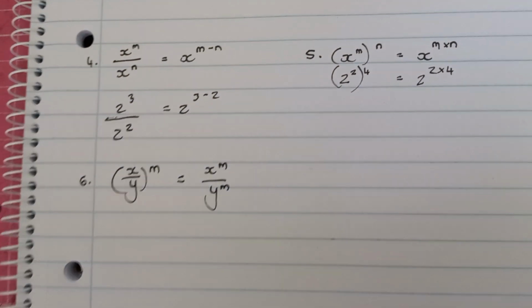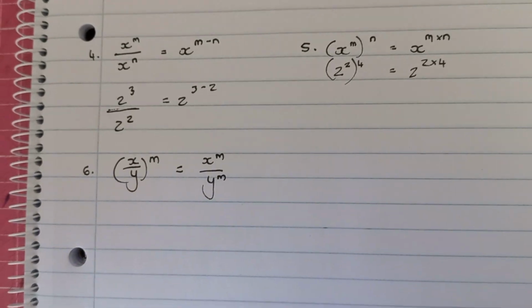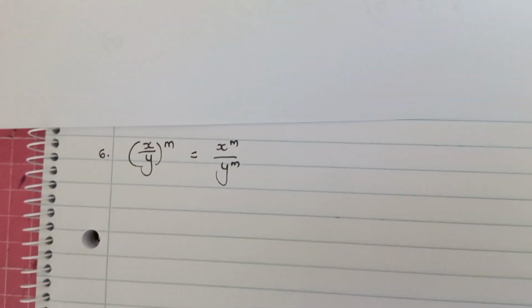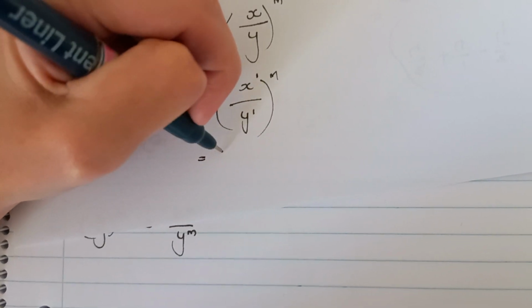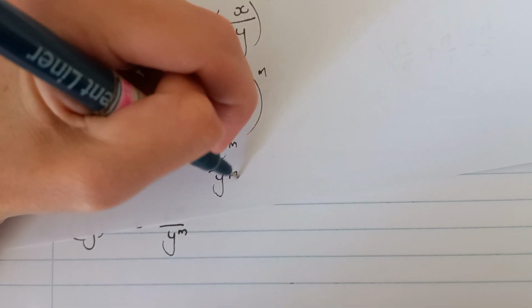Okay, the reason why is because if you had to work that out as a fraction, x over y to the power of m, remember x has a power of 1, y has a power of 1, and they multiply it by m, so 1 times m will give you x to the m and y to the m.